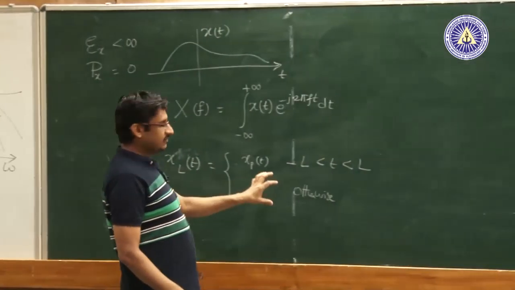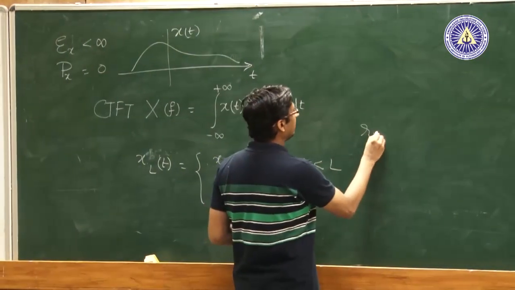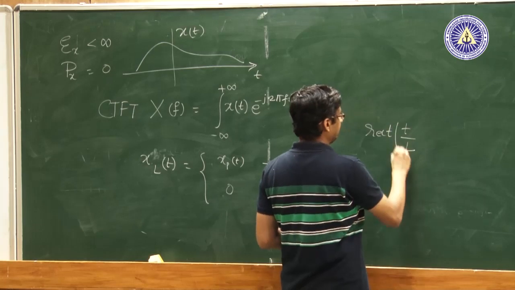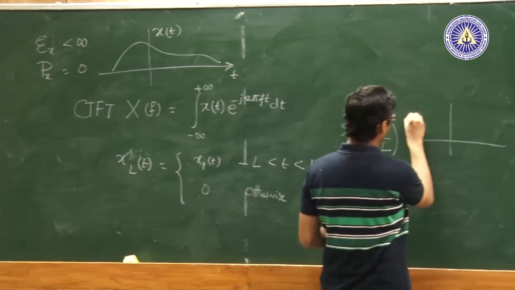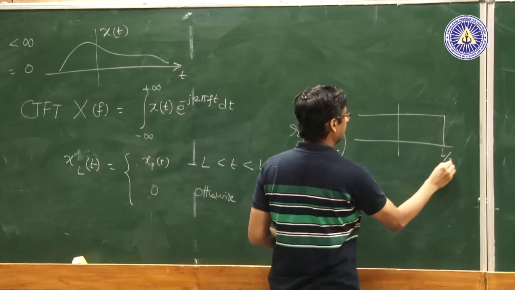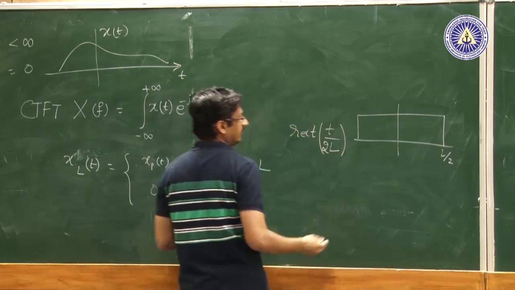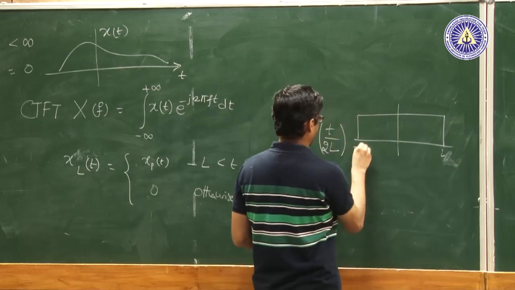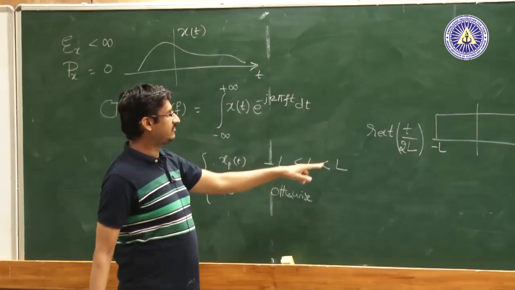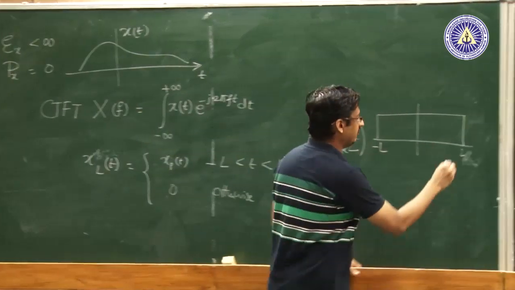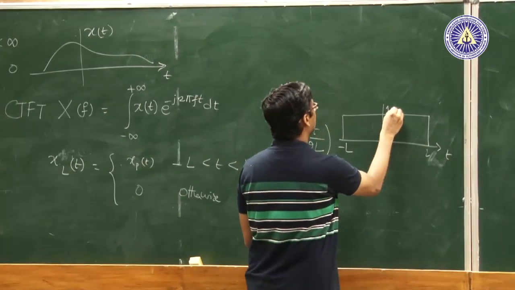Now, there is something called a rectangular pulse, which is defined as a rectangular pulse of duration, in this case we will make it 2L, defined as a pulse which extends from minus L to plus L. So, this is t and this amplitude is 1.